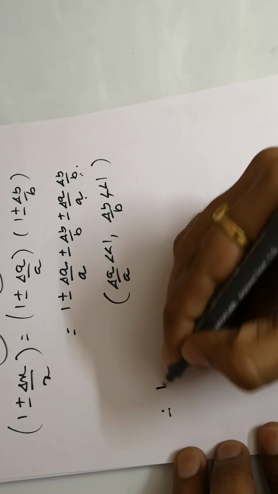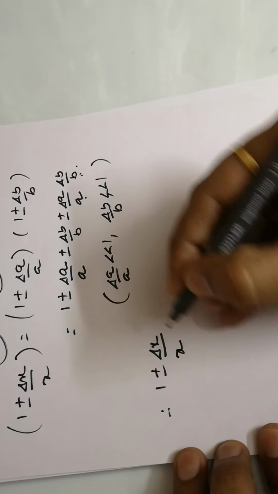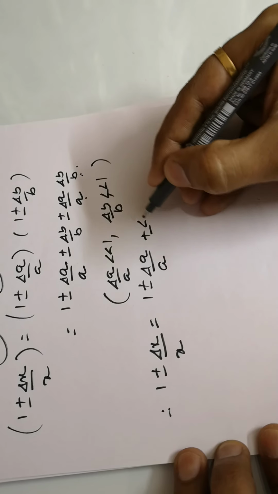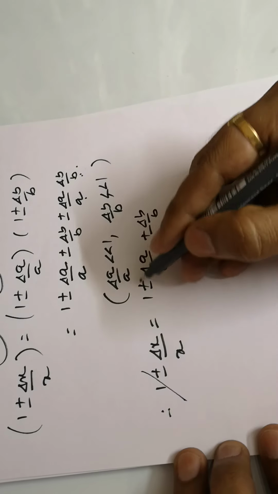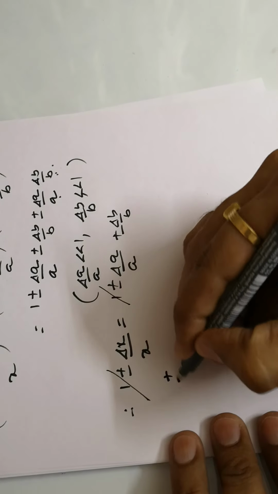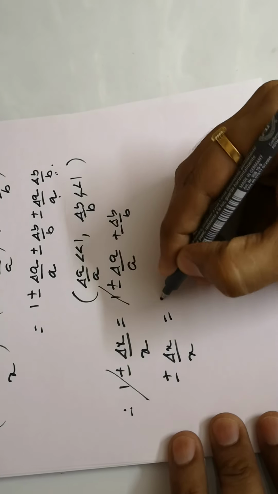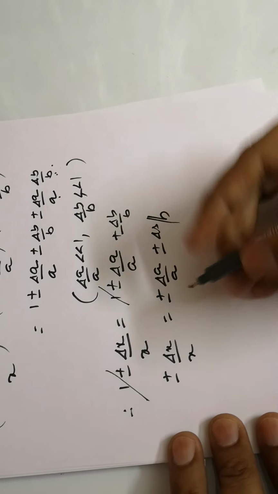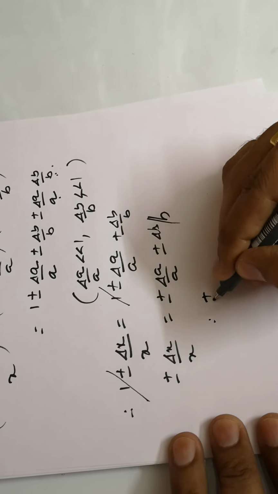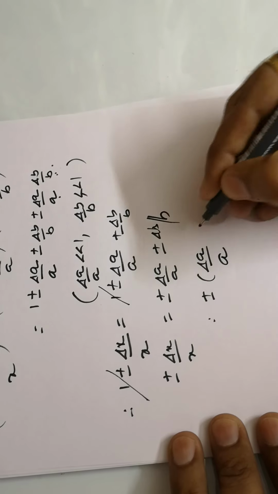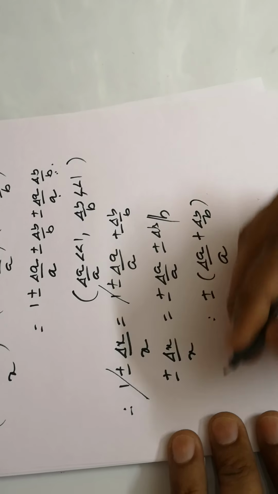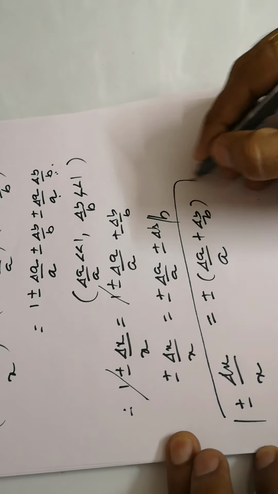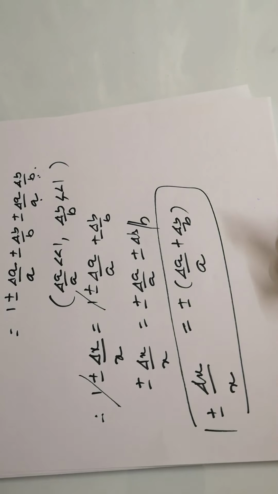The left part with us is 1 plus or minus delta x by x equals 1 plus or minus delta a by a plus or minus delta b by b. So we may get only plus or minus delta x by x equals plus or minus delta a by a plus delta b by b, which is the equation showing that whenever we have a and b, both errors can be added together.